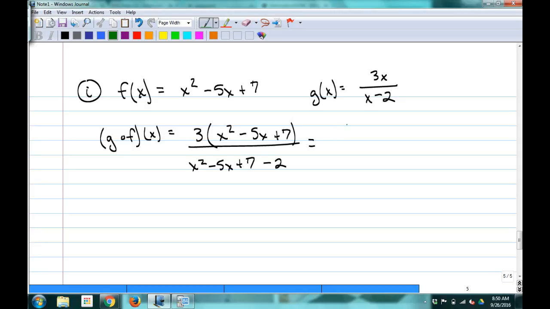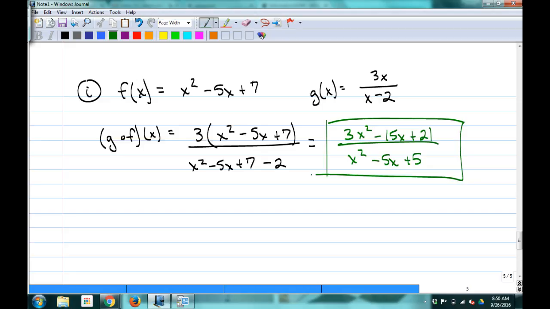What do we know about this quadratic here? Does it factor? Everything that multiplies to 7 has to add to negative 5? No. So that doesn't factor, so we don't have to worry about that happening. That should tell us nothing's going to simplify here. So I'm just going to go ahead and distribute that out. And then on the bottom, I'm just going to simplify like terms and get x squared minus 5x plus 5. And that doesn't factor either, so I know that that's my composite function.